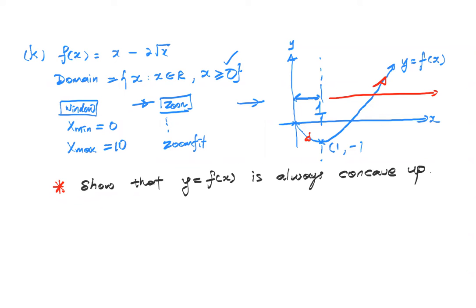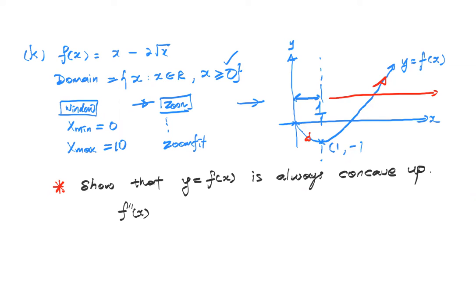How are you going to do this? You cannot say the graph says so, okay? So what to do with this? Yeah, correct. You are supposed to look for your f double prime x. You must show that your f double prime x is always positive.